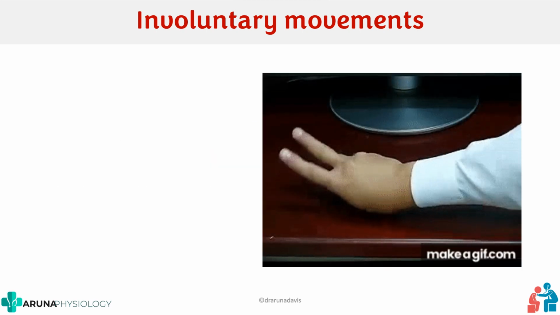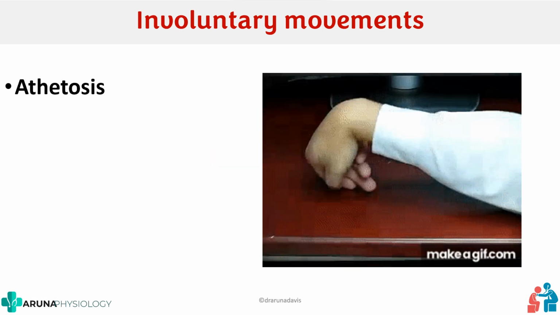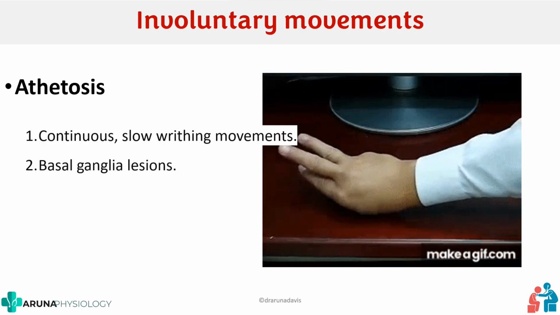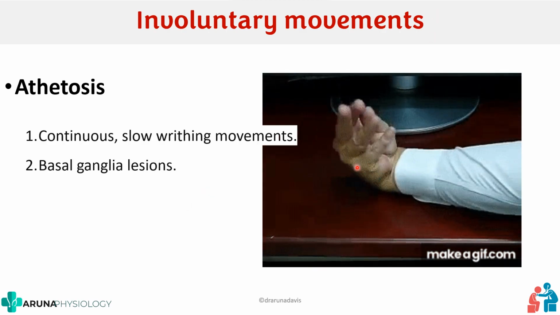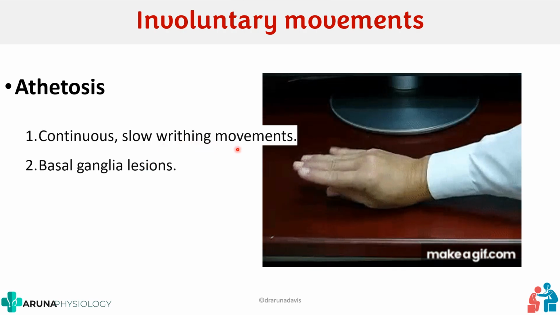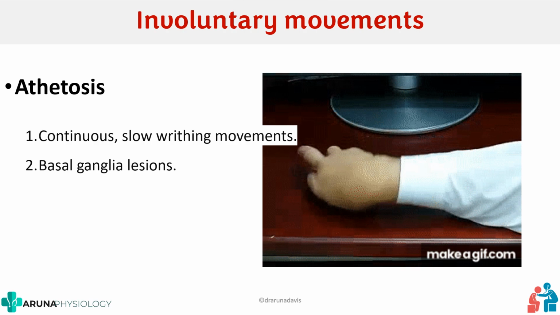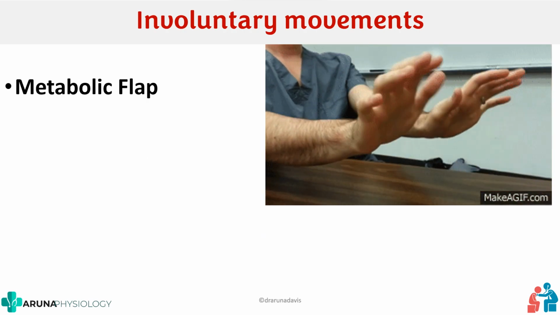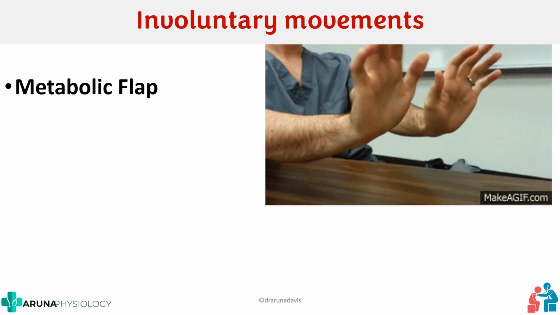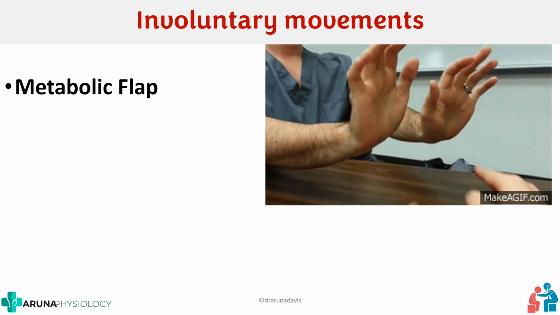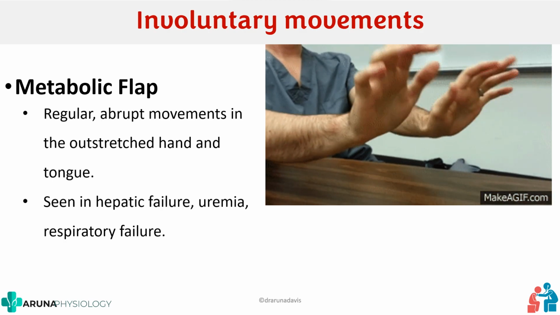The next involuntary movement is athetosis. What is athetosis? It is continuous, slow, writhing movements. You can see this movement here, this is called athetosis and is usually seen in basal ganglia lesions. The next involuntary movement is a metabolic flap. As you can see in this picture, it is a regular abrupt movement of the outstretched hand and tongue.